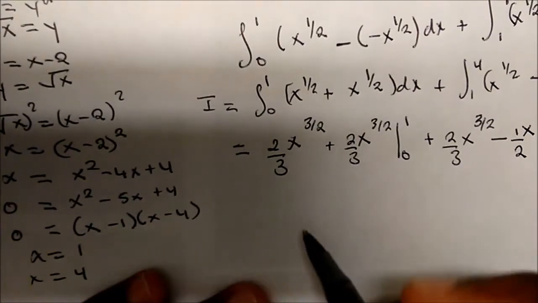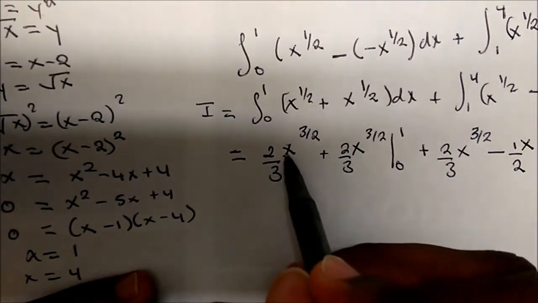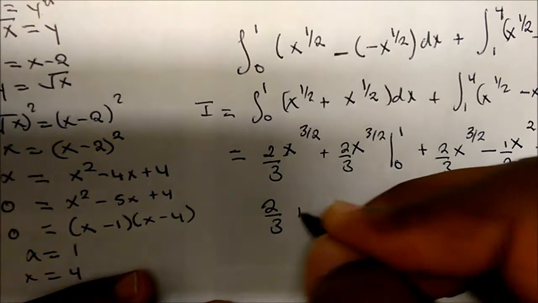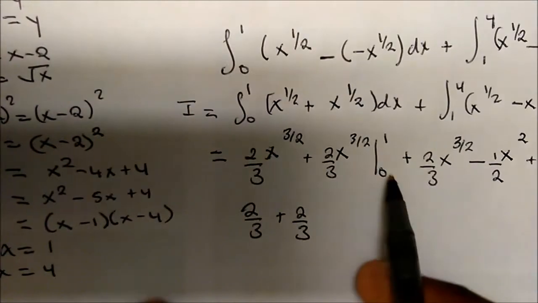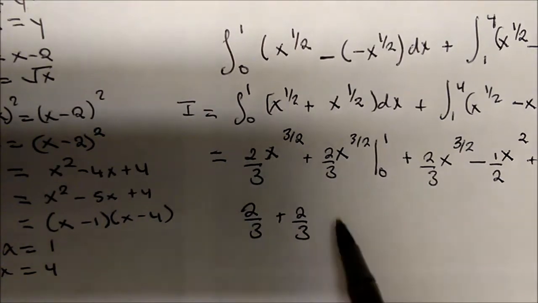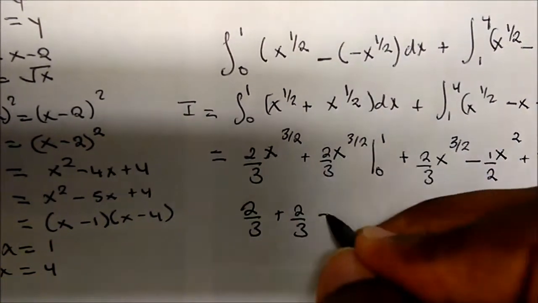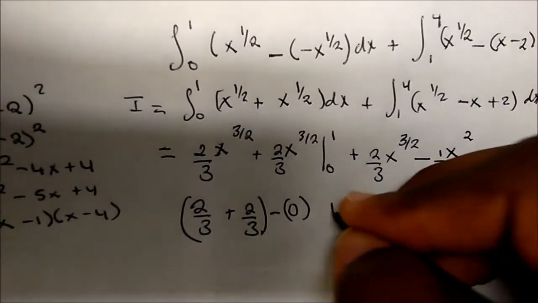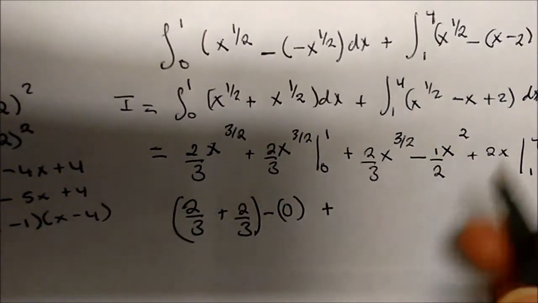Now, plugging in our values, if I plug in 1 for x, this is going to just become 2/3 plus 2/3. I don't have to plug in 0 because anything times 0 in for x will just give me 0. So this will be minus 0 if we want to put it there. All right. Plus, now we got to plug in some values.